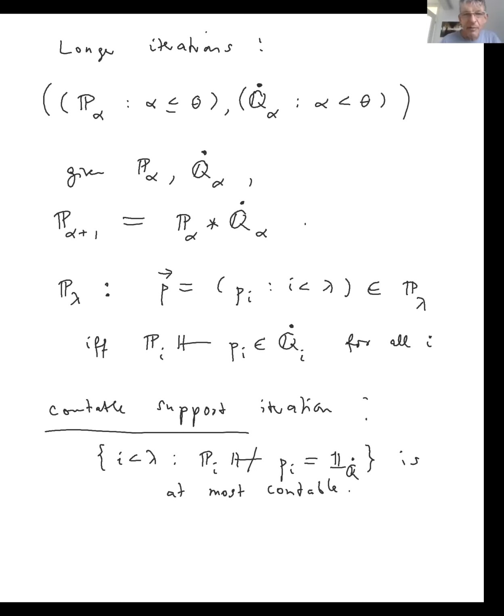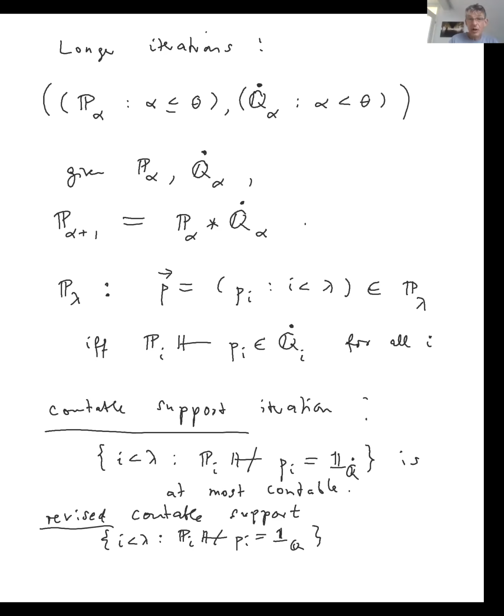And then there is something which is called revised countable support, which is sort of the same thing. Namely, you say that the set of i less than lambda such that P_i does not force that p_i is 1 is at most countable.